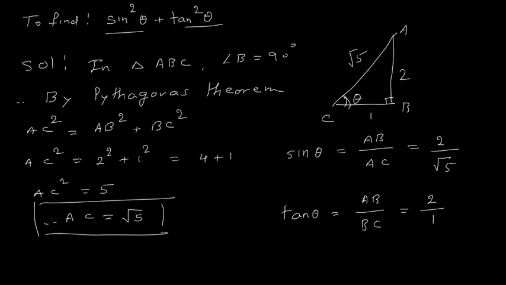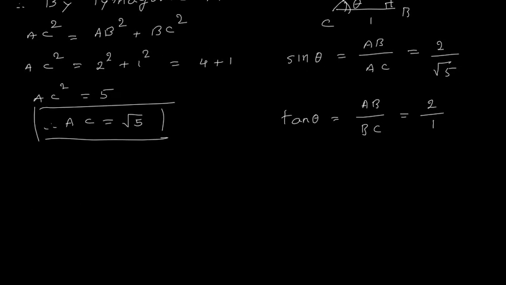Now sin square theta plus tan square theta. Value of sin is 2 upon root 5. So this is 2 upon root 5 the whole square plus this is 2 upon 1 the whole square.